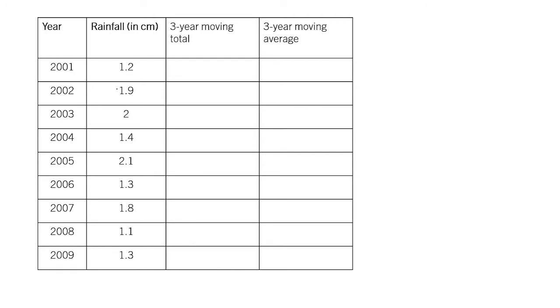The 3-year moving total is, we have to add these three. So 1.2 plus 1.9 plus 2, this is equal to 5.1. And the 3-year moving average is 5.1 divided by 3. It is 1.7.